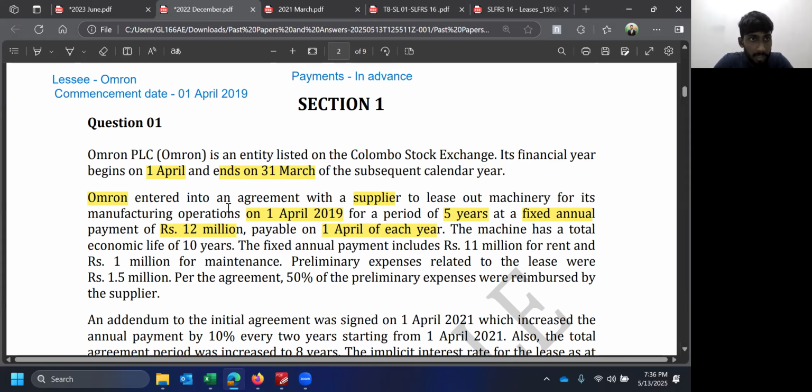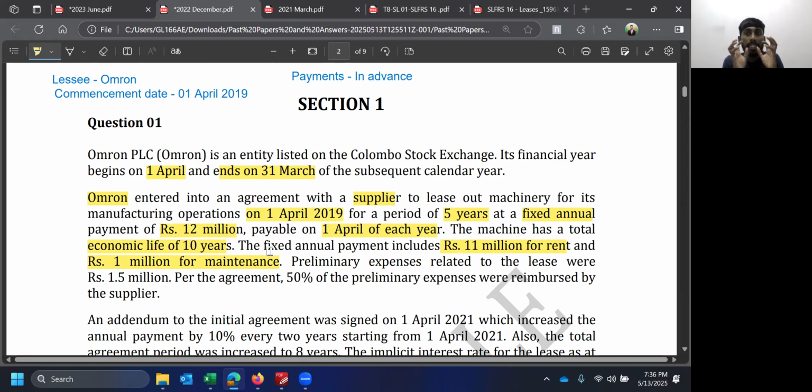Then the machine has a total economic life of 10 years. The fixed annual payments include 11 million for rent and 1 million for maintenance. In the very first session when I started SLFRS 16, under the introduction, I asked you to take down a note, and I even drew it in my flowchart: rent and maintenance.